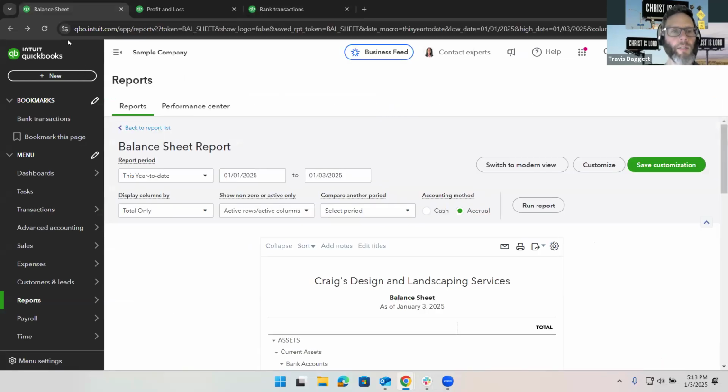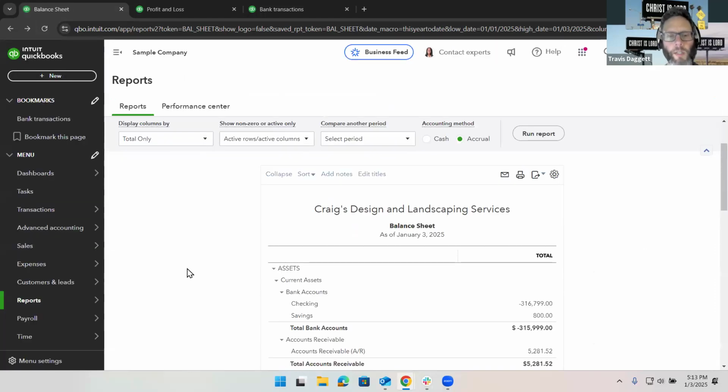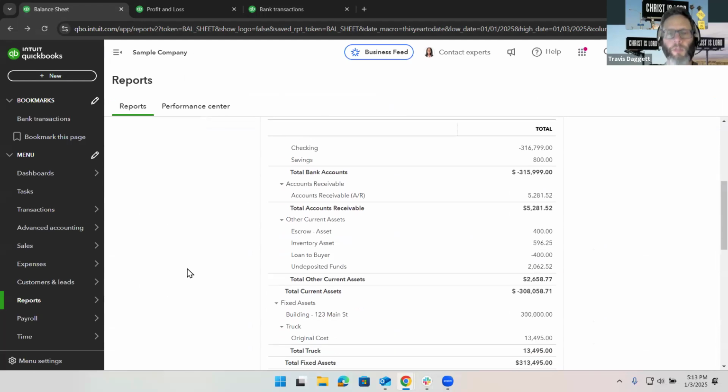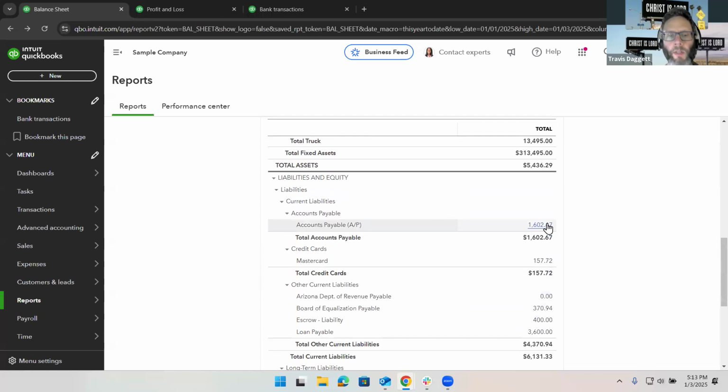All right, let's see what that did on our balance sheet. This is a good way to check and make sure everything's flowing through correctly. Okay, so we have our loan to buyer. Now, there was no balance there, but yes, it would decrease the asset. They're paying down the principal, so that's correct.